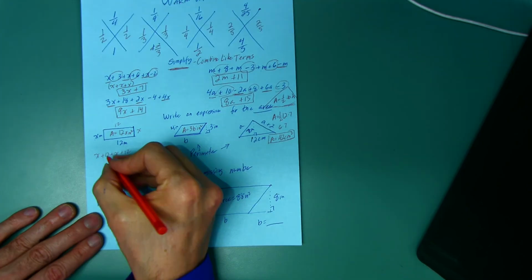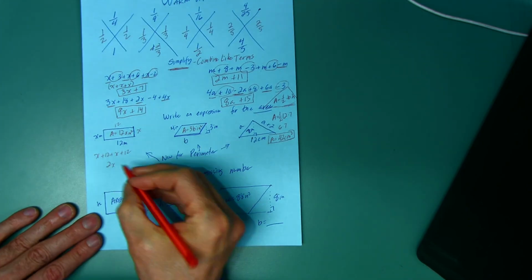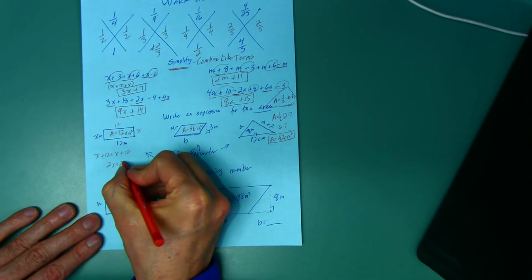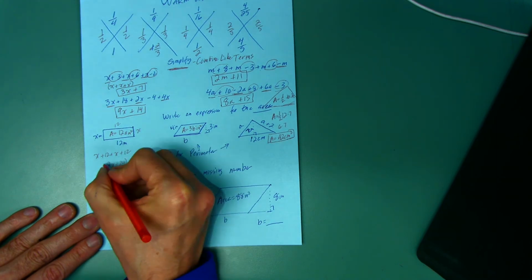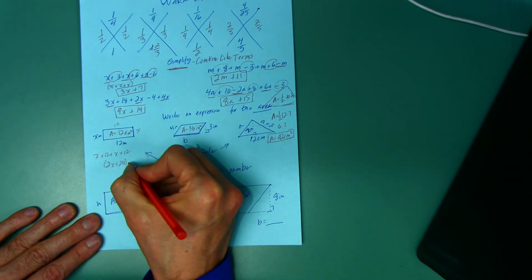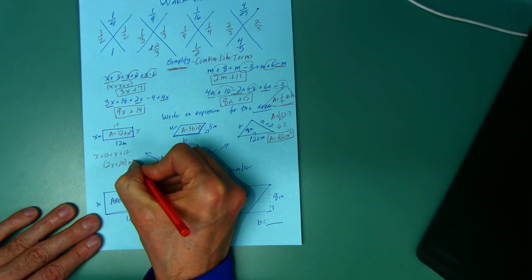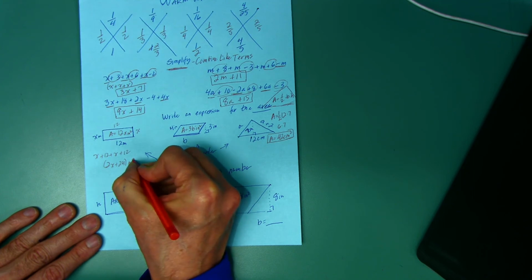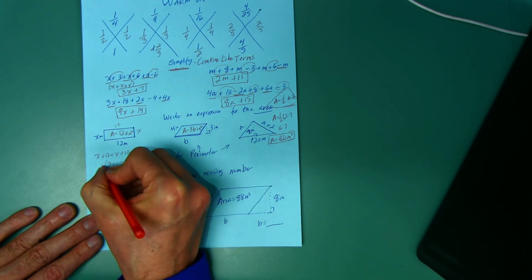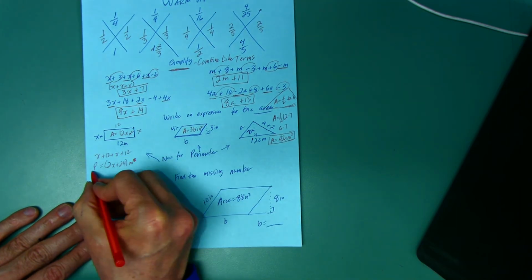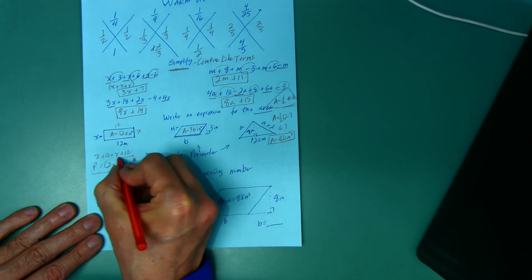X plus x is the same as 2 times x, or 2x. 12 plus 12 is 24. And I'm going to put 2x plus 24 square meters. I'm sorry, meters. This is perimeter. Don't do square meters for perimeter. Do square meters for area. So the perimeter is 2x plus 24 meters long.